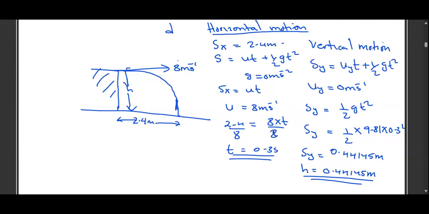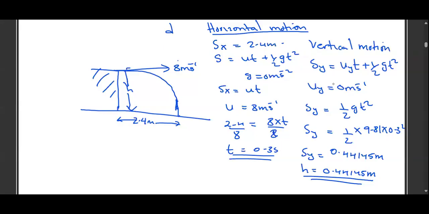But for horizontal motion, our g is 0, because a body moving horizontally is not affected by gravity. So we have SX equal to UT, whereby our U was given as 8 meters per second. So when you put in this equation, 2.4 is equal to 8t. Divide by 8 on both sides, we come up with our time taken for this ball to land on the ground as 0.3 seconds.